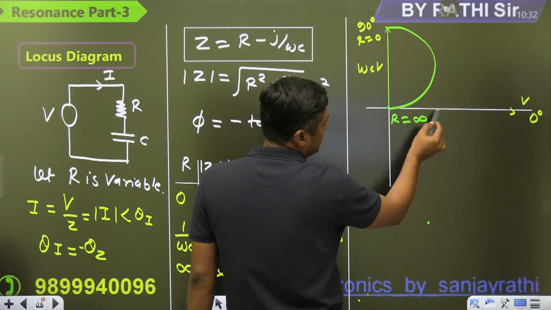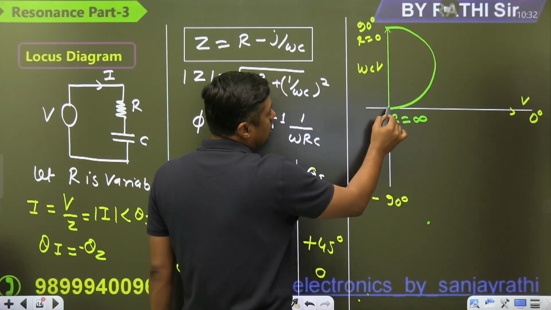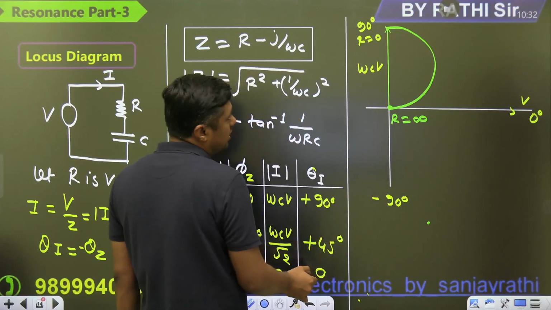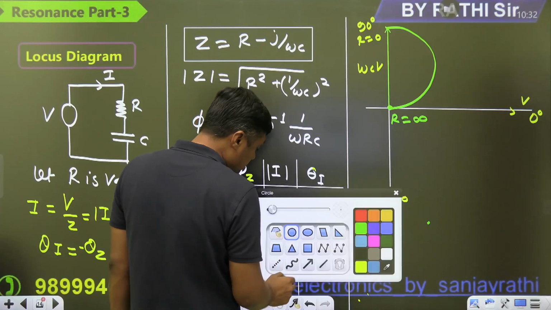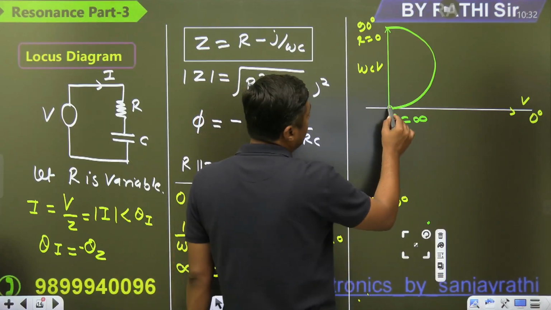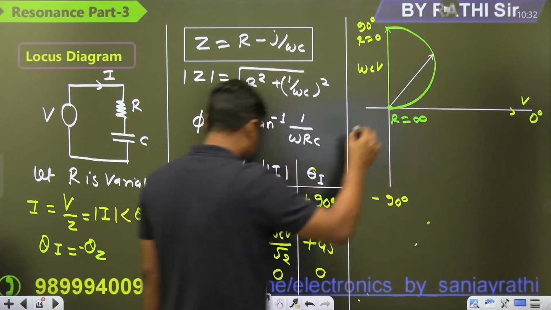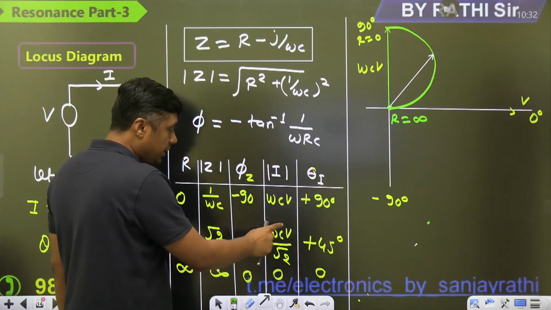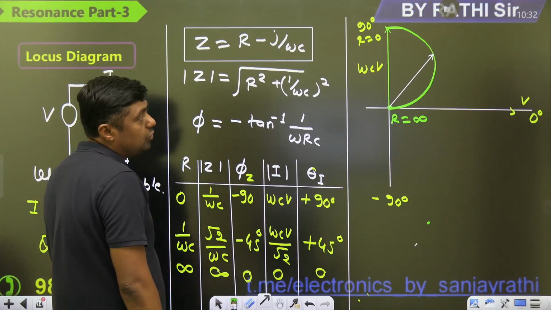This line will make a tangent with this, so the angle is 0. What is the magnitude of the current? It will become 0. Now when R is 1 by omega C, the angle is 45 degrees, and the magnitude of this line is omega CV by root 2.